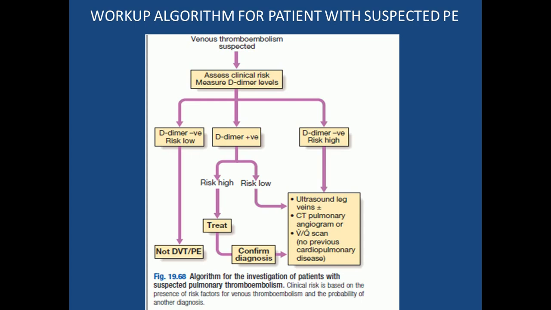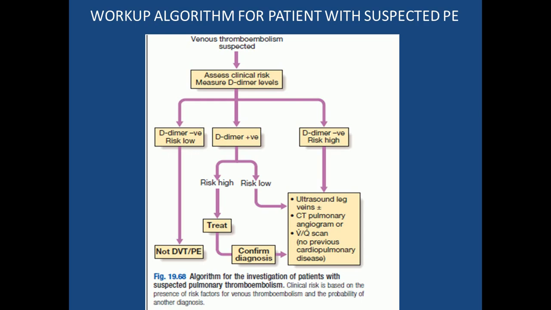However, if the D-dimer comes positive and the patient is high risk, then we have to treat, and together we have to confirm the diagnosis. For a patient who is low suspicion risk, and D-dimer tends to be positive, we have to continue our workup, and according to the workup, we will decide whether to treat this patient or not.